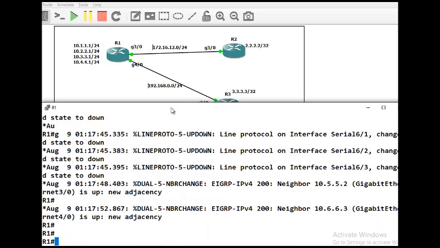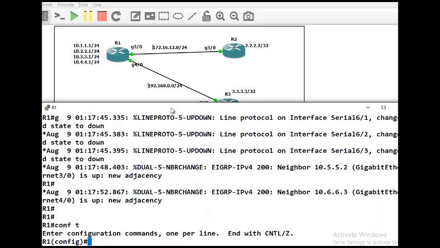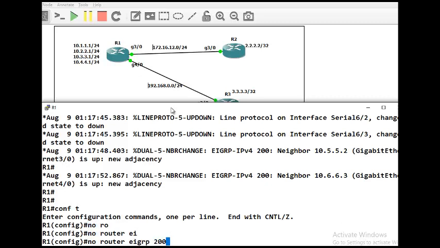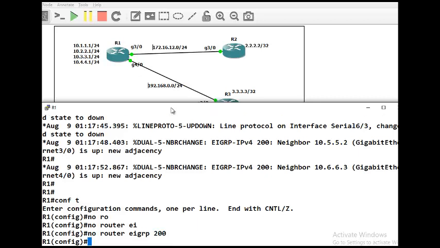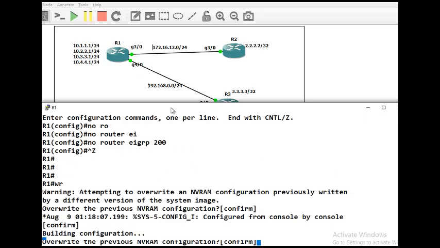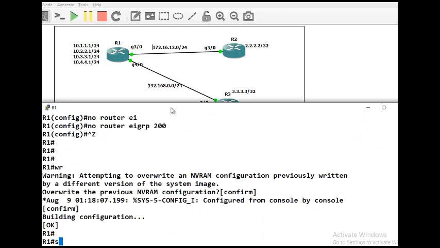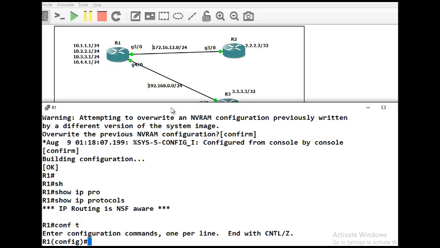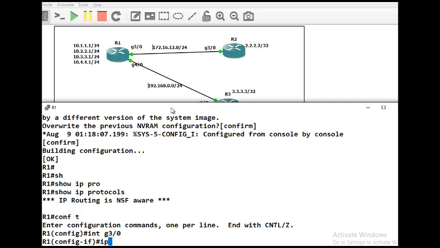All right. So I remember earlier we were running EIGRP 200. I'm saying no router EIGRP 200. By putting no, I'm canceling EIGRP. Now if I check show IP protocol, I should not see any routing protocol. I don't see it.